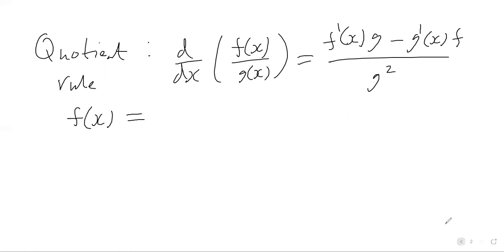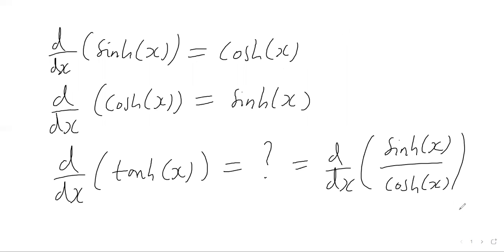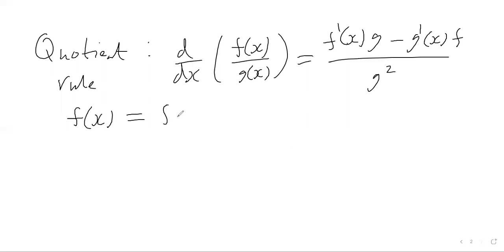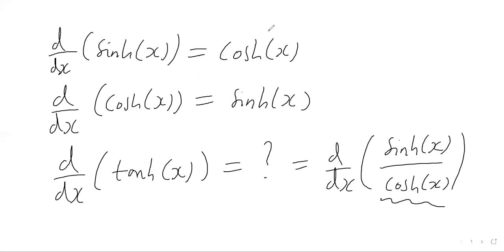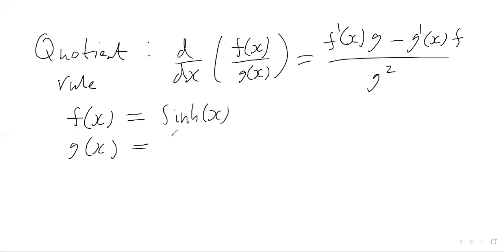So in this case, our f is going to be the hyperbolic sine, which is on the top. And then our g is going to be what was on the bottom of our fraction over here. So again, that was our hyperbolic cos. And so yeah, we can now do some differentiation to get the f dash and the g dash results.